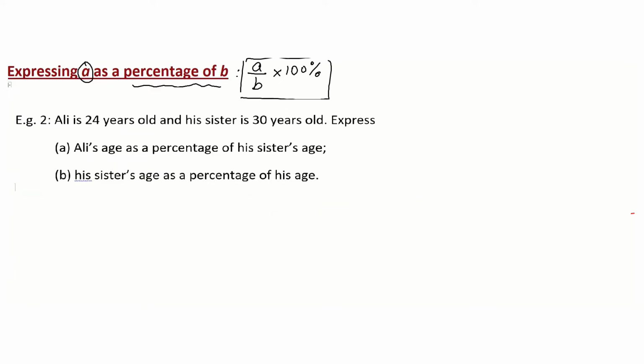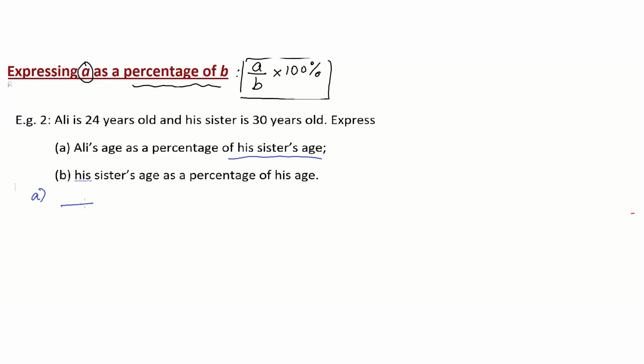Okay, so here in the next example, we have two siblings, Ali and his sister. Ali is 24 years old, his sister is 30 years old. So part A, we're supposed to express Ali's age as a percentage of his sister's age. As I've just learned, Ali's age as a percentage of his sister's age.